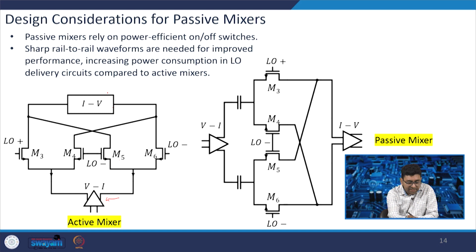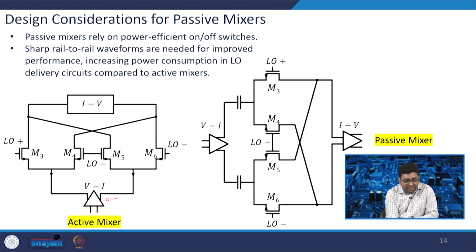But during this entire conversion process, the current is going to remain in the active circuits, and that current will significantly add flicker noise, and it will also increase the power consumption.